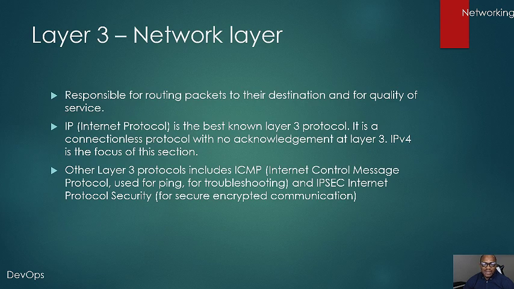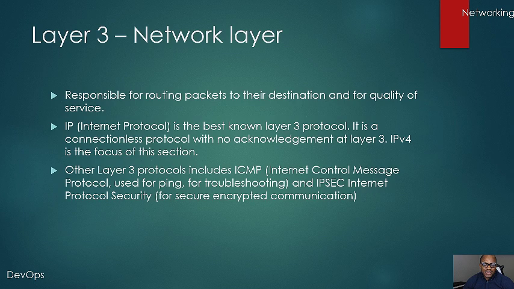We have some other protocols like IPsec, the Internet Protocol Security. We have the Routing Information Protocol, RIP. We have the Border Gateway Protocol, which is BGP. We have ICMP, the Internet Control Message Protocol. IP is the best known protocol in this layer 3, and we are going to be looking at it extensively today.